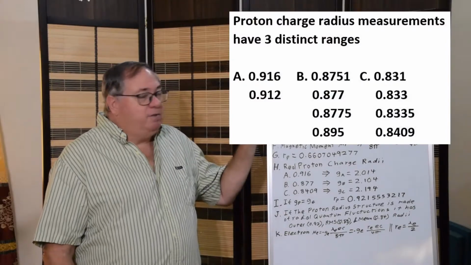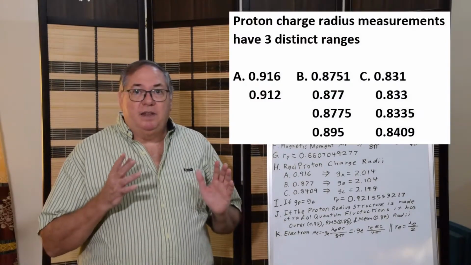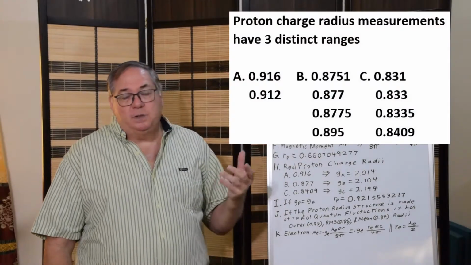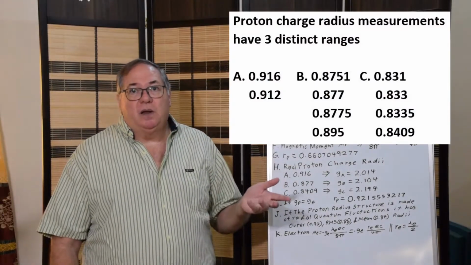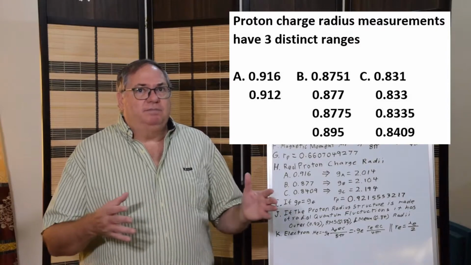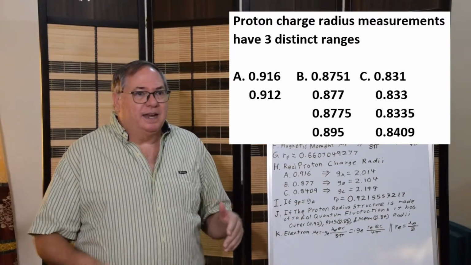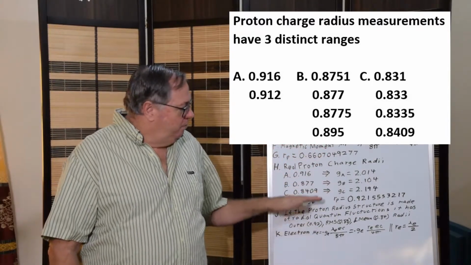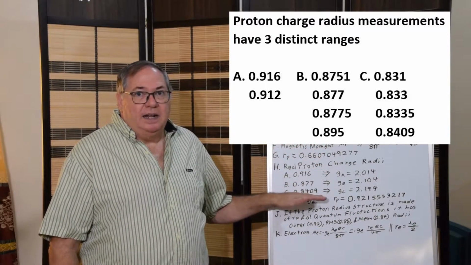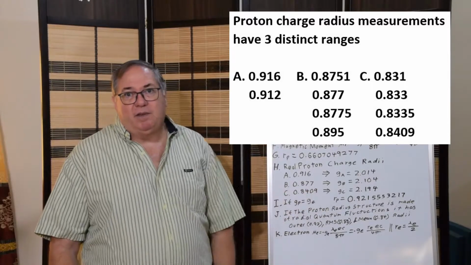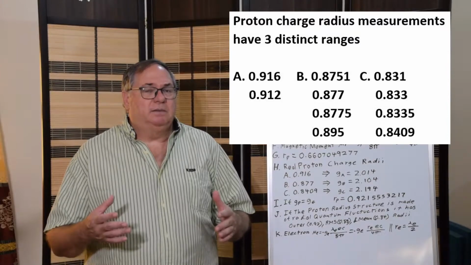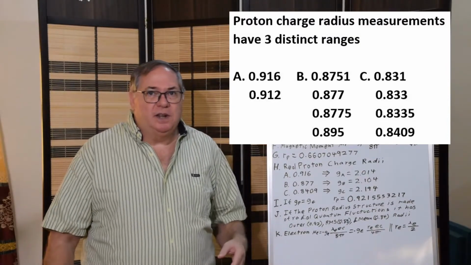And I'll put up the groupings, but there's basically been 3 groupings of charge radius where group A is 0.916 to 0.912, and these are all fairly recent, in the past decade or so. And then the second group averages around 0.877, and the third group averages from 0.831 to 0.8409, or 0.8414 is another estimate.